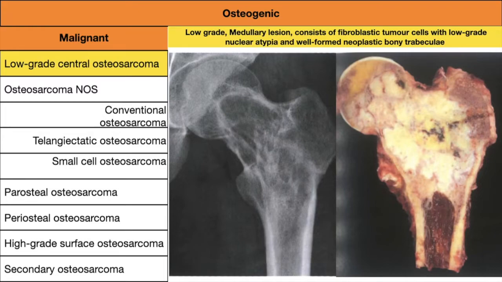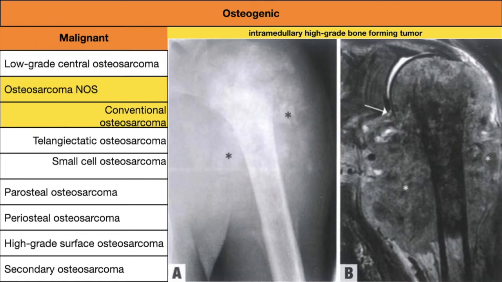In the malignant osteogenic category, we have low-grade central osteosarcoma. They are low-grade medullary lesions, consisting of fibroblastic tumor cells with low-grade nuclear atypia and well-formed neoplastic bony trabeculae. Osteosarcoma not otherwise specified includes conventional osteosarcoma, telangiectatic osteosarcoma, and small cell osteosarcoma.